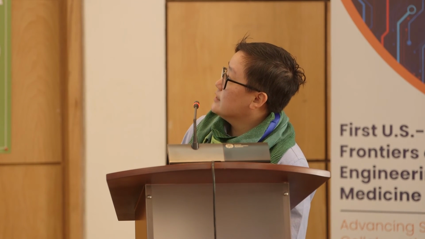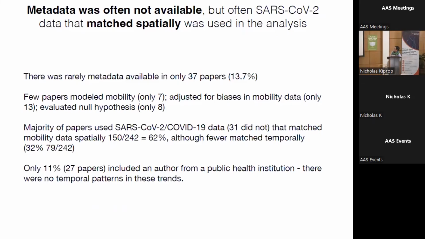Just a couple of other things, relating to some of the issues about metadata. One of the good things we found, which a lot of models have been critiqued for before, is that they didn't actually use data about the pathogen. So increasingly everyone was using COVID data, but in terms of understanding mobility through the lens of who might be infected, who might be moving, and how that relates to the actual cases, pretty much all the papers were still lacking any metadata.